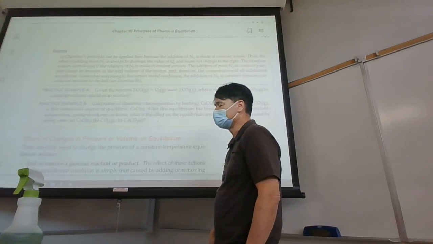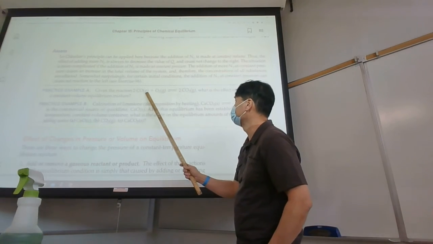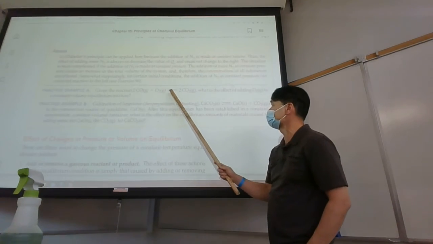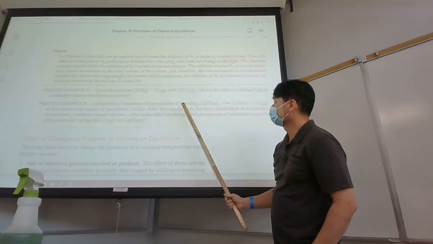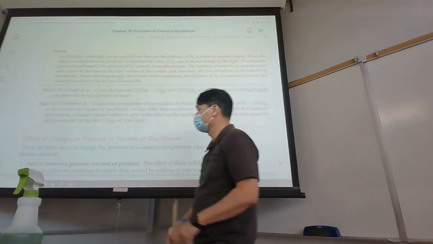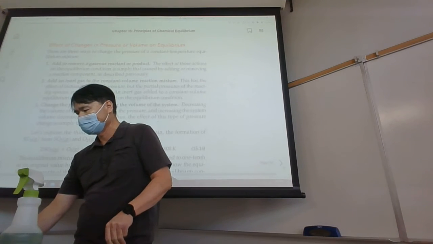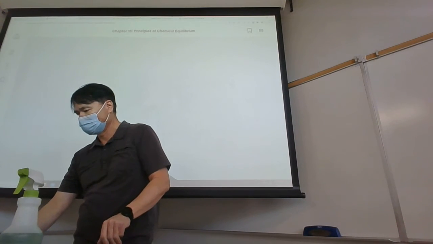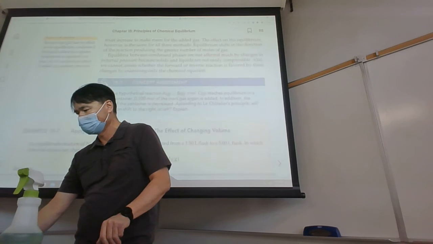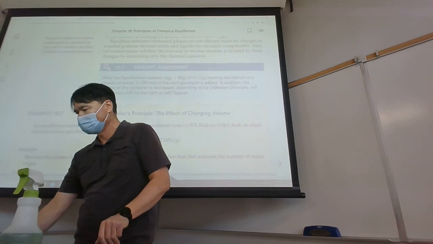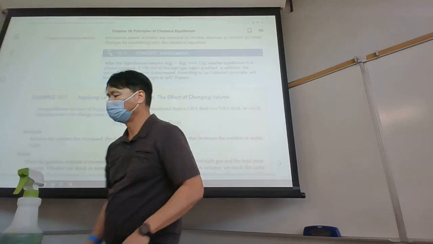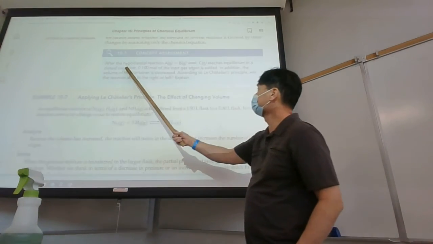Let's take a look at this next one here. Given the reaction of 2 carbon monoxides plus O2, actually, did we already do this? We did this once here. I missed this one.